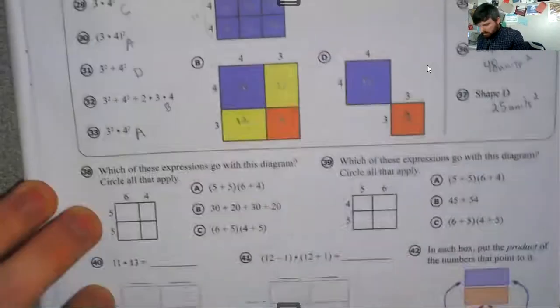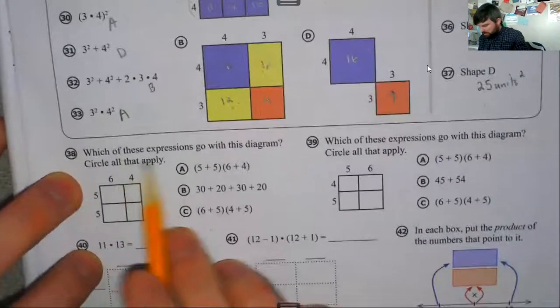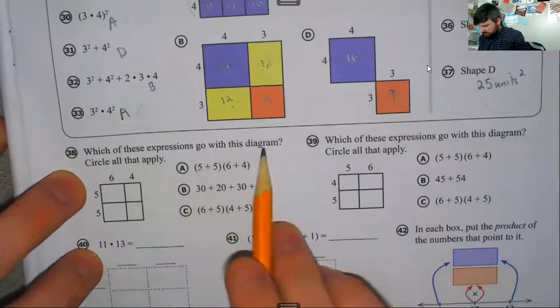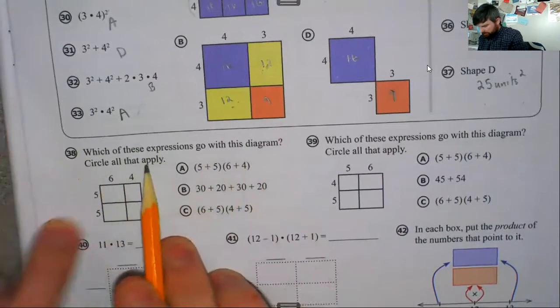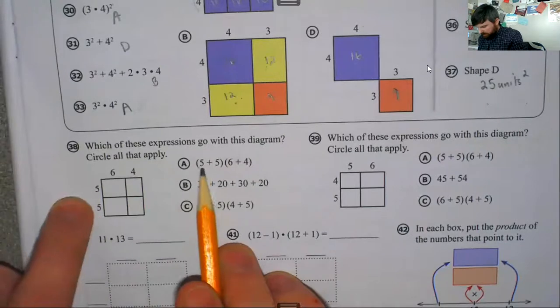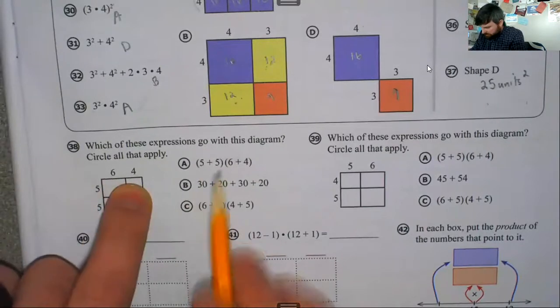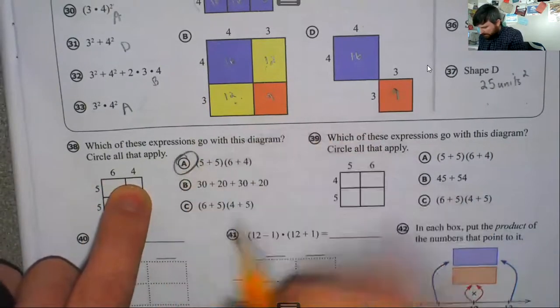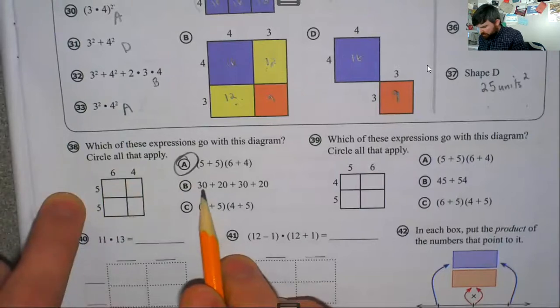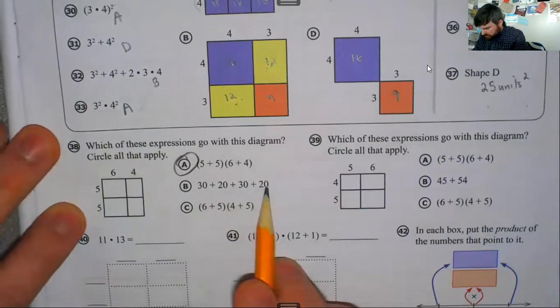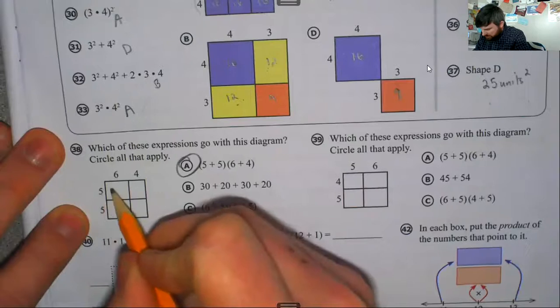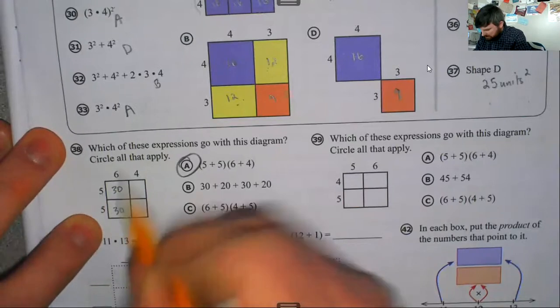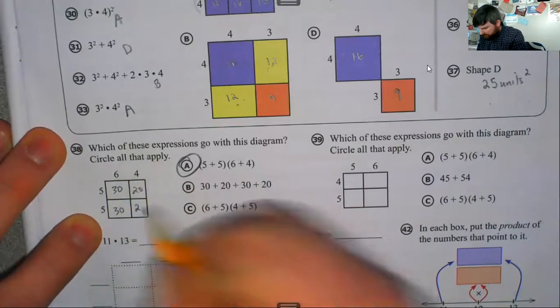Okay. Which of these expressions go with this diagram? Circle all that apply. Okay, so you got 5 plus 5 times 6 plus 4. Okay, that one's good. You have 30 plus 20 plus 30 plus 20. So 5 times 6 is 30. This is 30. This is 20. This is 20.